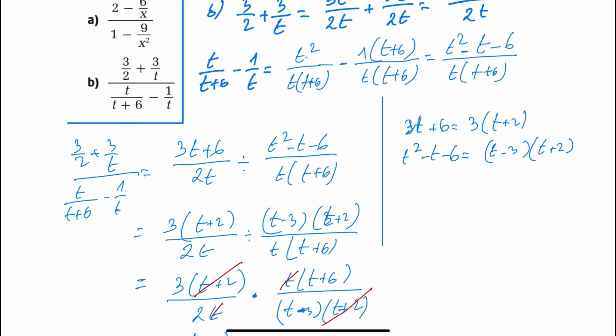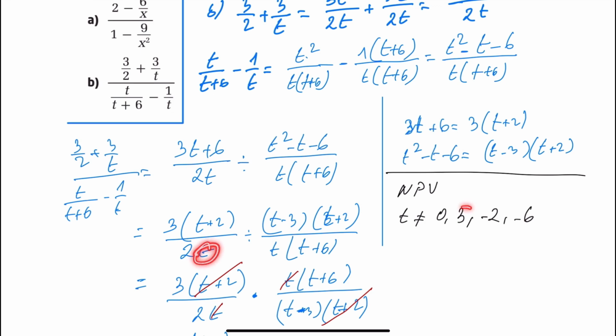So my non-permissible values are t should be different than 0, 3, minus 2, and minus 6. So 0 came from here and also from here, 3 came from here, minus 2 came from here, and minus 6 came from here.